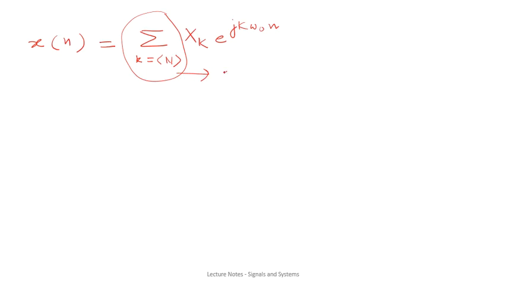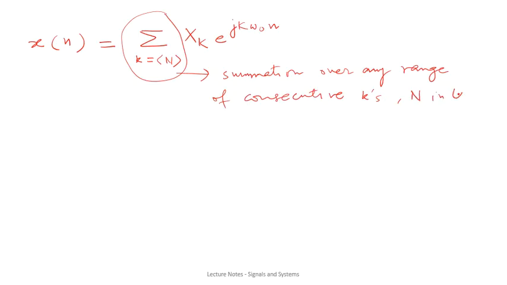So this representation is telling you that the length is N. So any set of values you can choose.